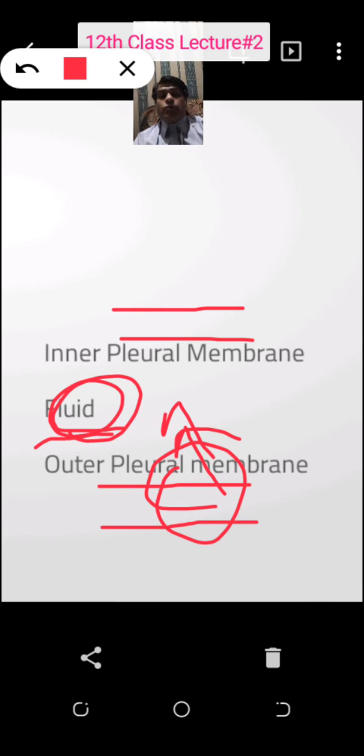When this pressure goes to the fluid between the outer and inner pleural membrane, this fluid consists of water. And water has hydrogen bonding due to electronegative oxygen and electropositive hydrogen. Water has a high boiling point and melting point. Why? Due to hydrogen bonding, because of the negative charge on oxygen and the positive charge on hydrogen. This hydrogen bonding lets the water bear more pressure and gives the fluid its quality as a shock absorber.